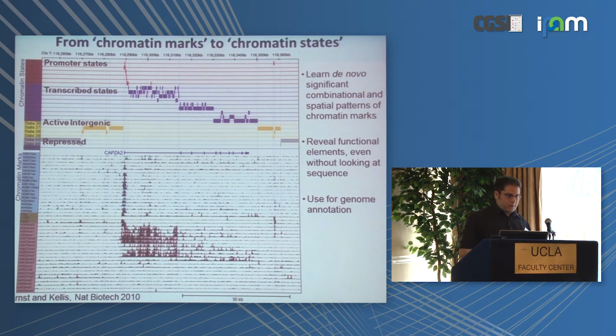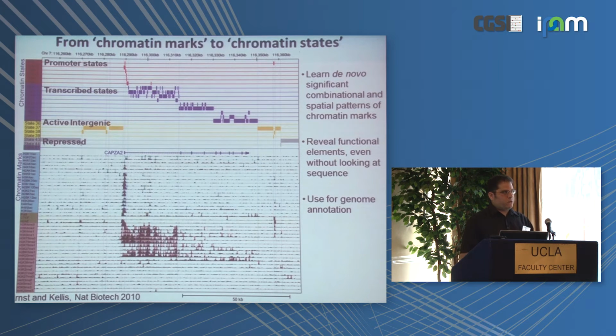And as I mentioned, you don't just have one type of histone modification. There can be dozens of different histone modifications for which you could potentially have data mapped. And I looked at the question, given that we have multiple maps of histone modifications, could we systematically annotate the genome based on all that information by looking at their combinatorial and spatial pattern?